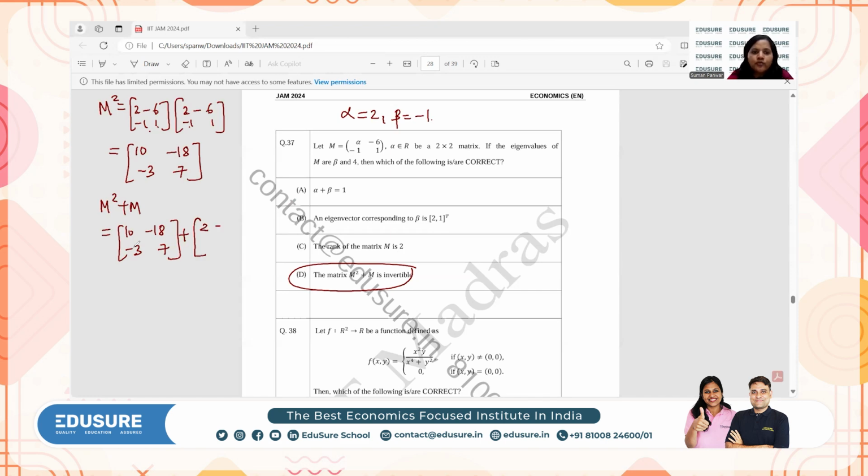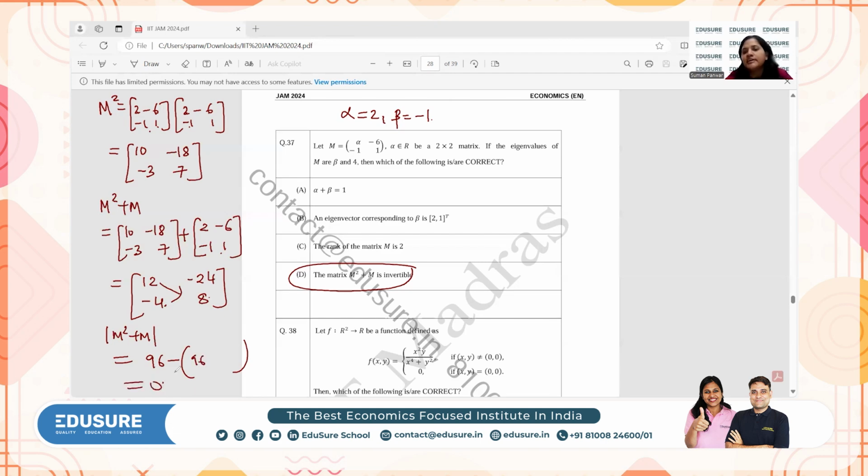So that is [2, -6; -1, 1]. So that's going to be [12, -24; -4, 8]. If we calculate the determinant of M square plus M, that is going to be 12 times 8, which is 96, minus minus 24 times minus 4, which is 96, which is 0.